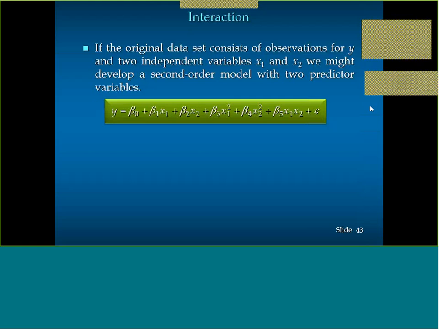This is a second order model, because the highest power is 2. Even if you take the interaction, the power is 1 plus 1, 2. So it is a more generalized second order model with two independent variables x1 and x2.